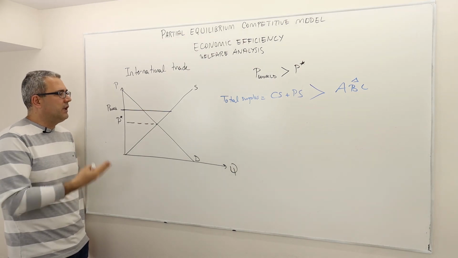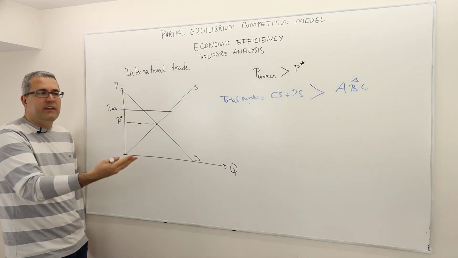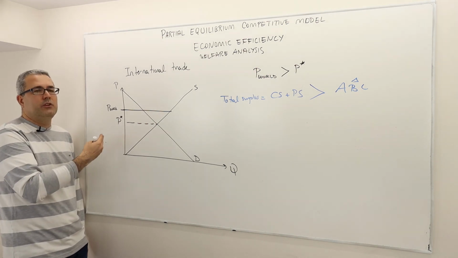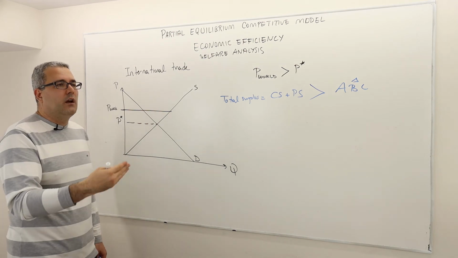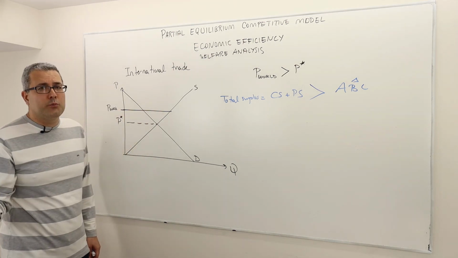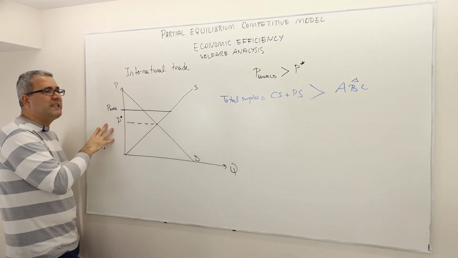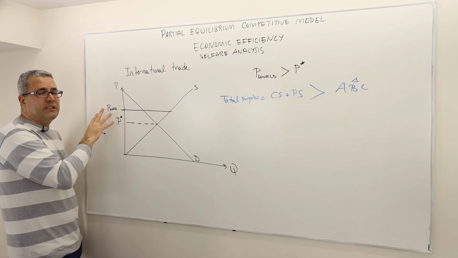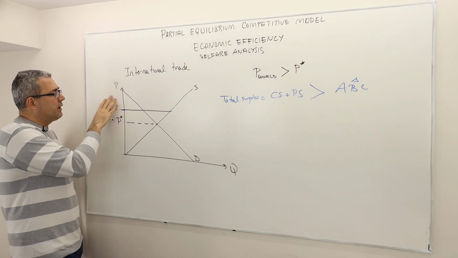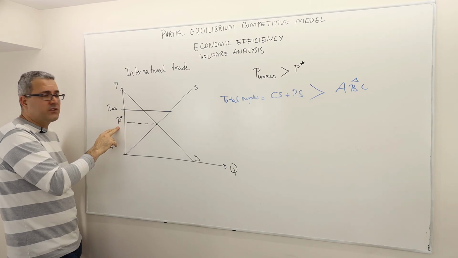Why am I selling my product at lower price? Instead of selling to Canadians at a price P star, I actually prefer to sell to my international customers at a much higher price and make more profit, right? So therefore, once this country opens its borders for international trade, the market price is going to be higher than the P star level.